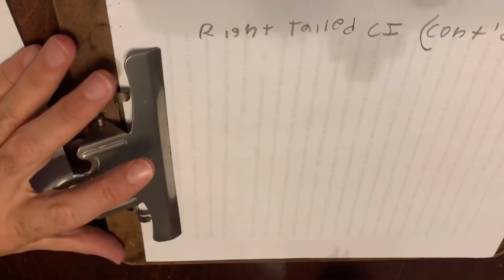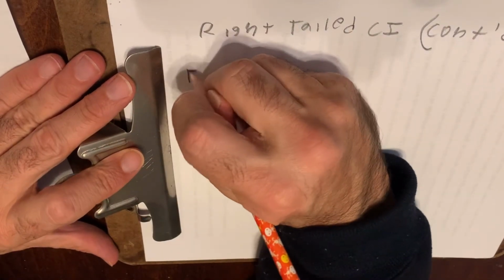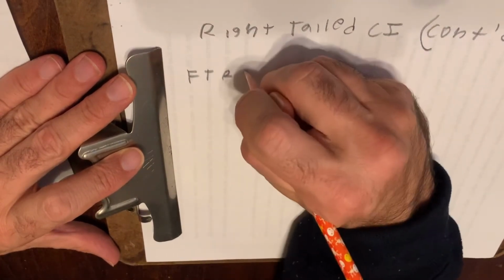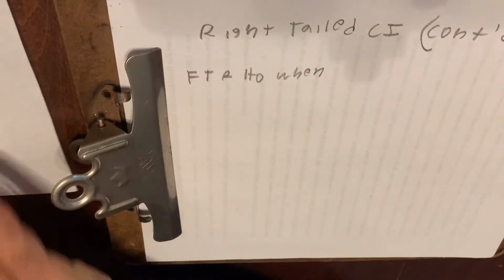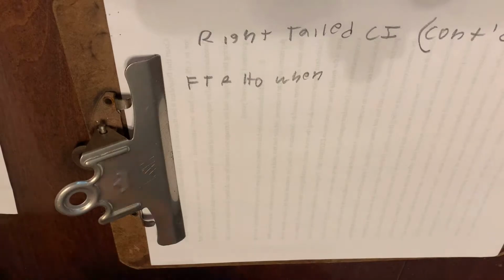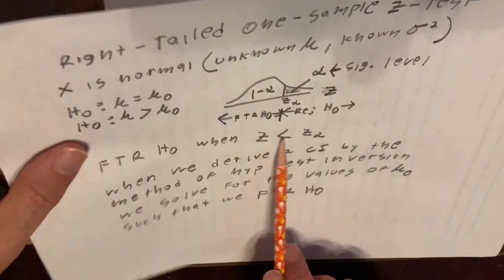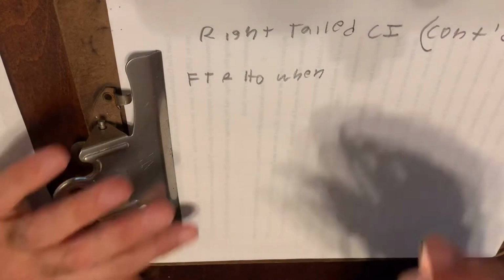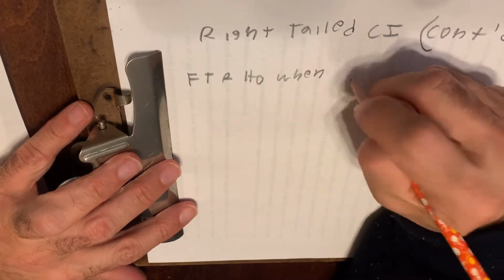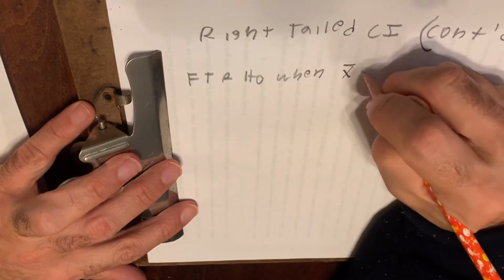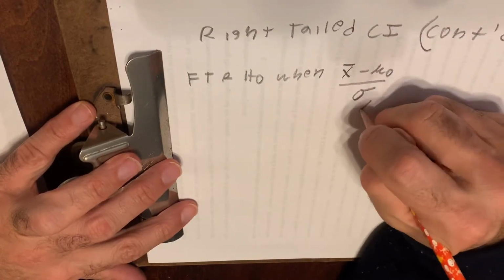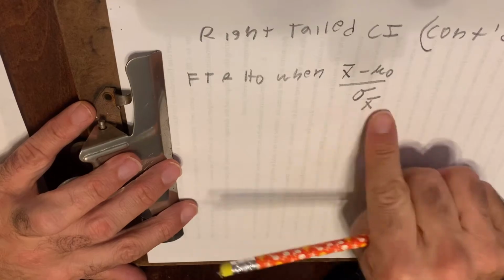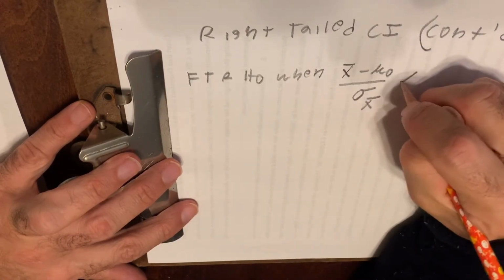So for this right-tailed hypothesis test, we are going to fail to reject the null hypothesis when z is less than z sub alpha. And of course, z is x bar minus mu naught over sigma sub x bar, also known as the standard error of the mean.